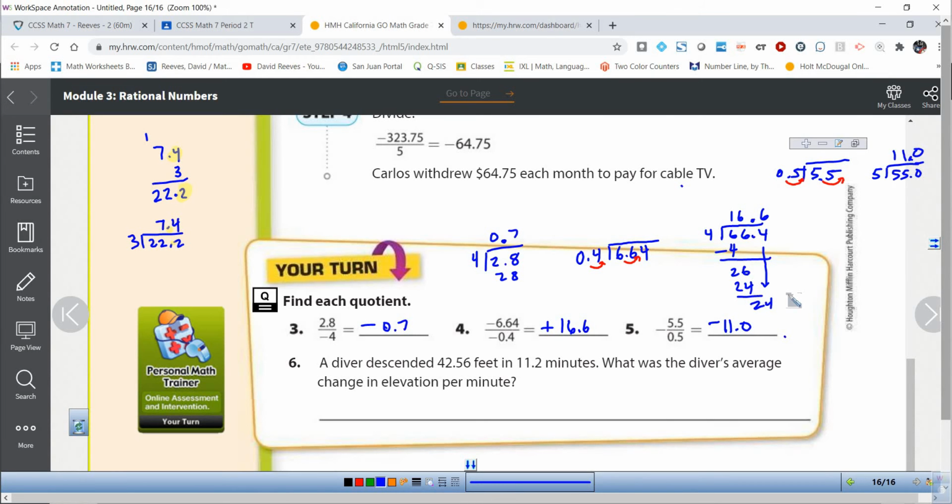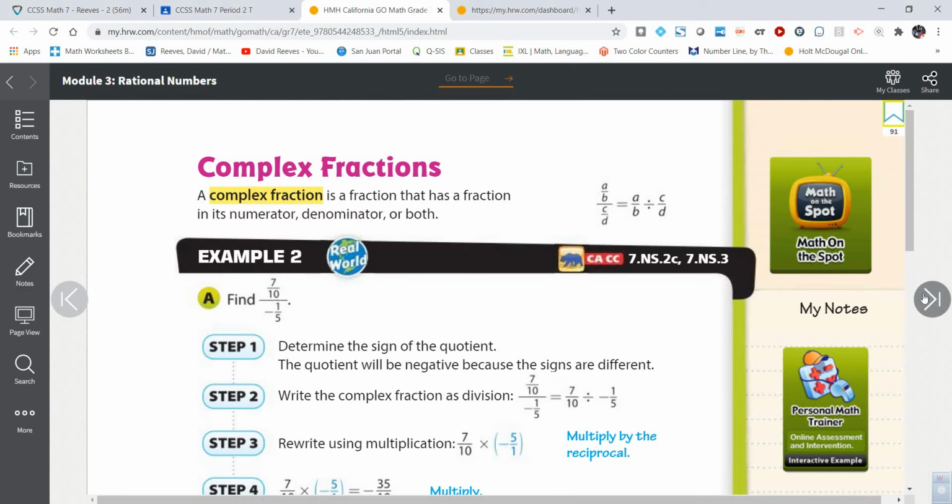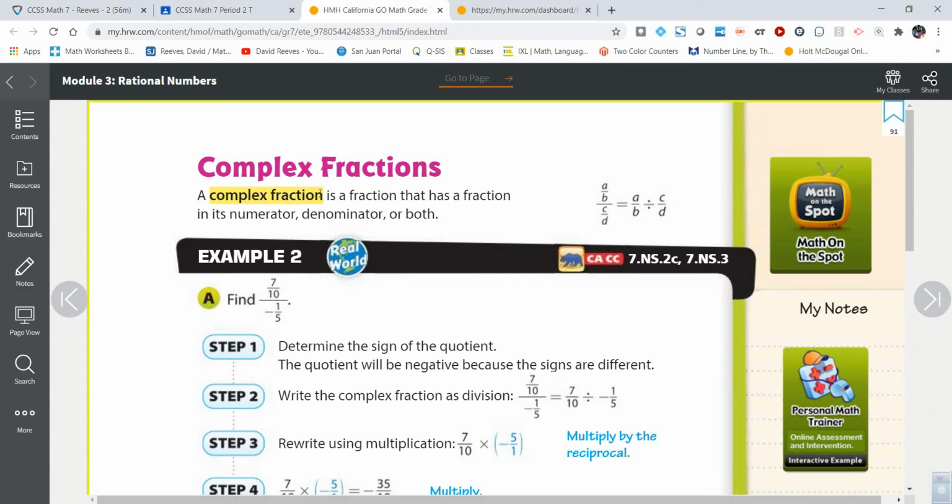All right. Okay, what about a fraction divided by a fraction? The book talks about a complex fraction. So a complex fraction is a fraction that has a fraction in the numerator and a fraction in the denominator.